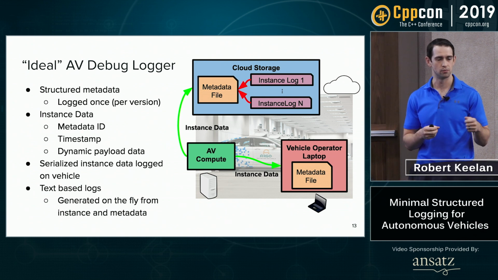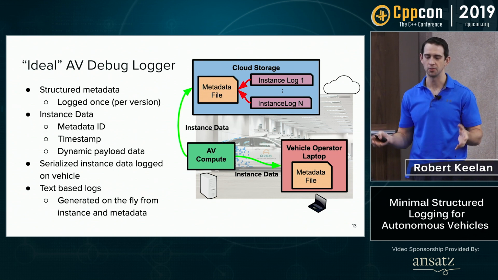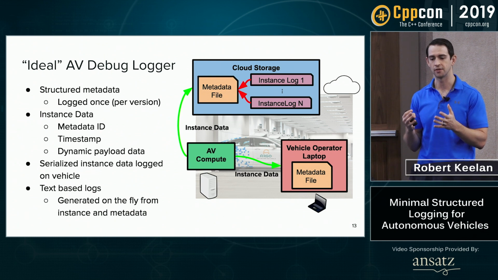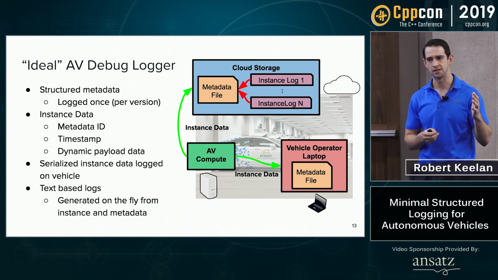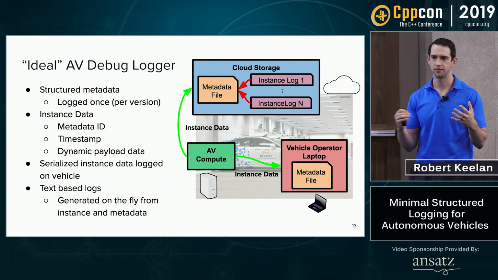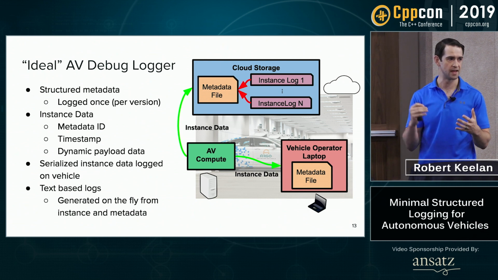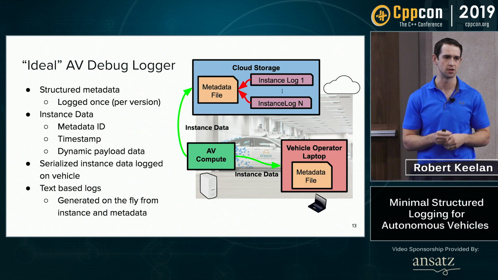While the AV compute is running our program, we send instance data to that vehicle laptop, and using that instance data and the metadata, we're able to generate human readable strings on the fly for the vehicle operators. Then when we load that data into the cloud, we have a single metadata file. All the vehicle logs collected from all the cars running that version of the software can then reference that single piece of metadata.